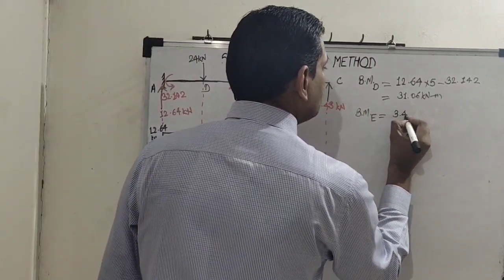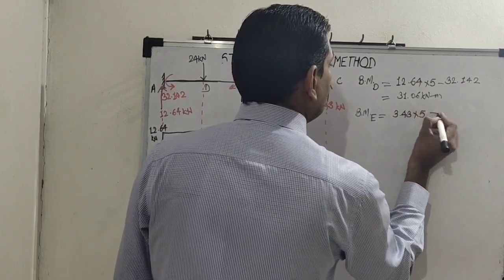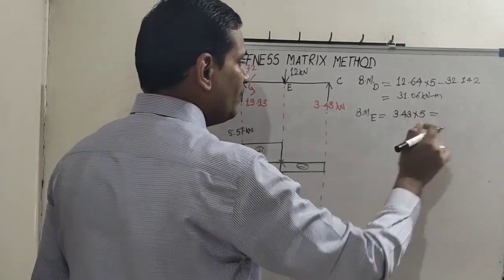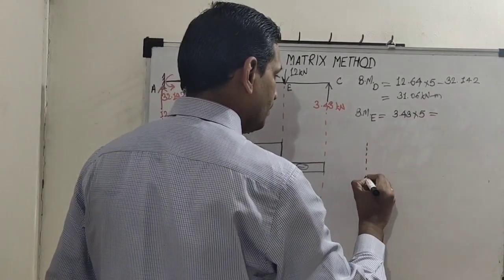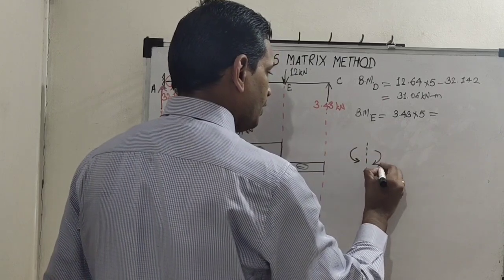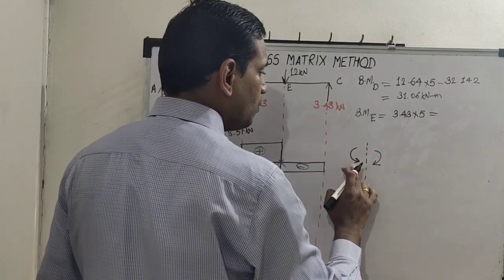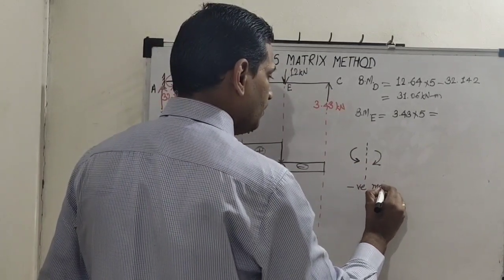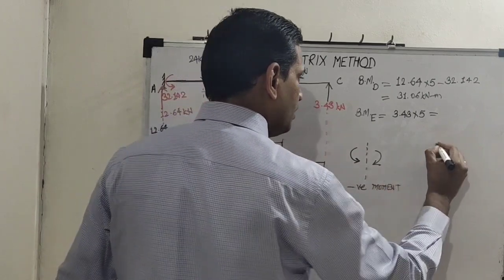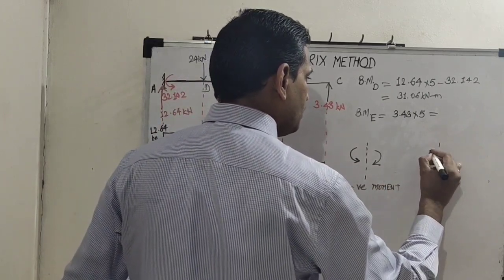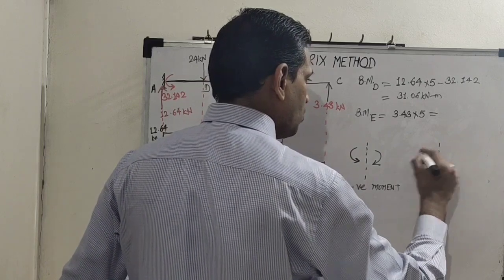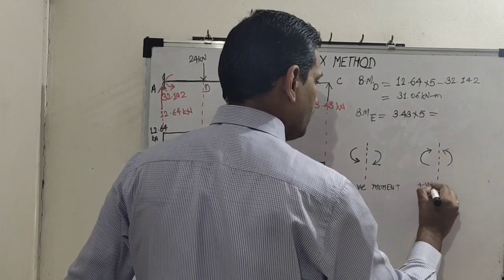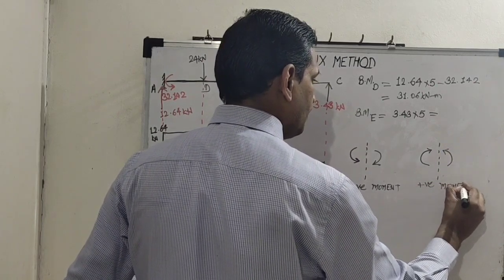Then bending moment at E, 3.43 into 5. I have taken this positive because my sign convention is: if clockwise on right hand side and anti-clockwise on left hand side, negative moment. If inverse of this, that is clockwise on left hand side and anti-clockwise on right hand side, then positive moment.